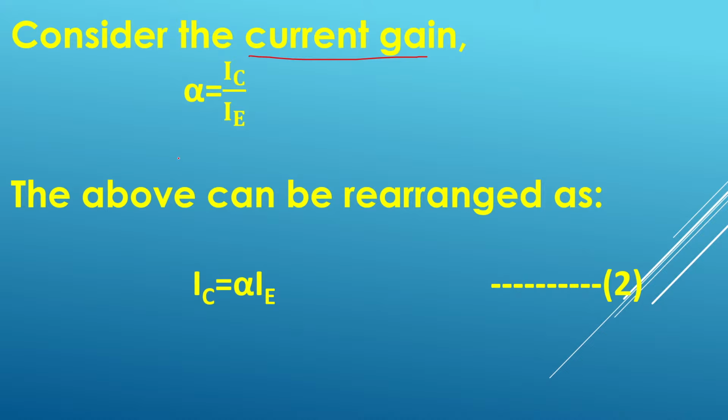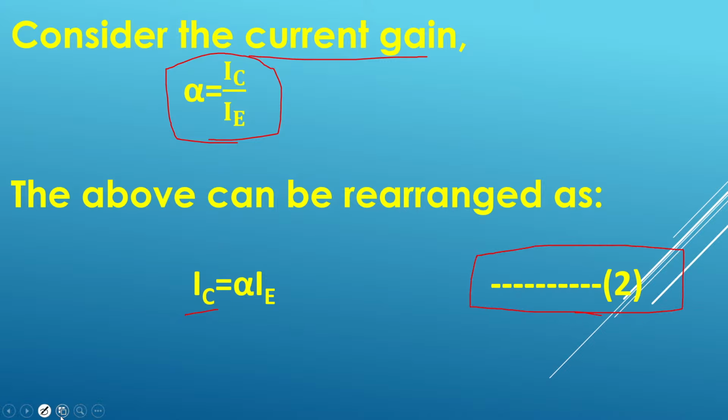After considering this you can rearrange this equation and determine IC. So from this equation, IC is equal to alpha into IE. Consider it as equation number 2.